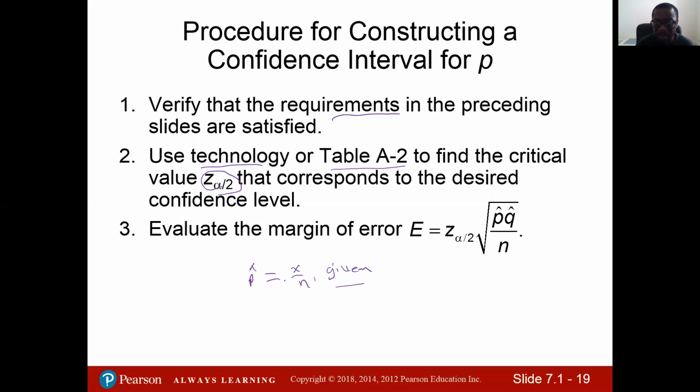But if it's not given, then that's how we calculate the P hat. And then Q hat is 1 minus P hat. Then I can determine my critical value. Once I know my confidence level, which is 1 minus alpha, I can find alpha by 2, and then I find my critical value, as I illustrated to you.